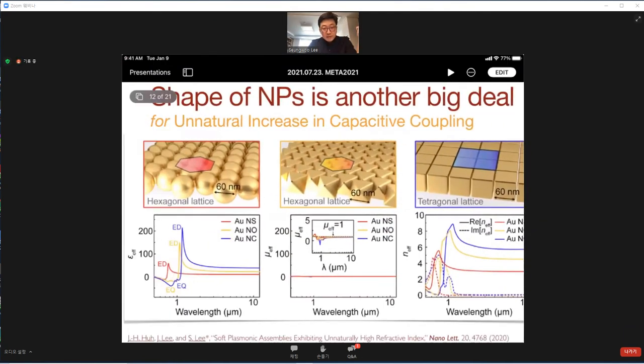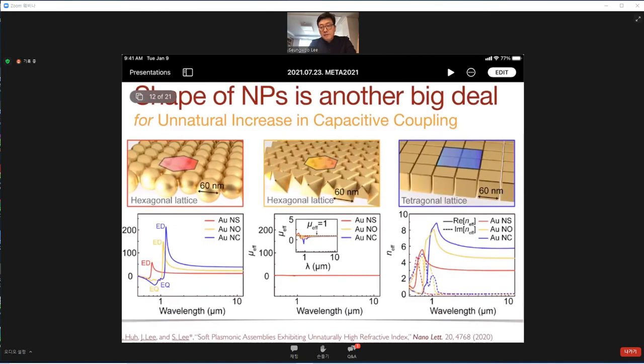Yes, as indicated here, this capacitive coupling between the meta-atoms should depend on the shape, because a larger interface area between the conducting units ensures stronger capacitive coupling between them. Capacitance tends to depend on the shape of the interface.